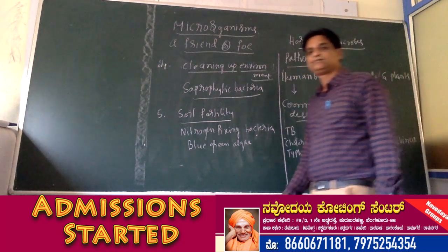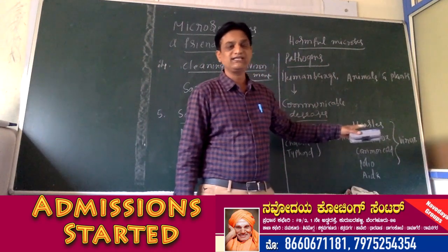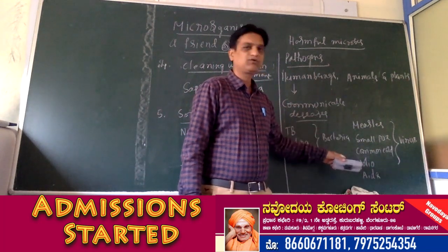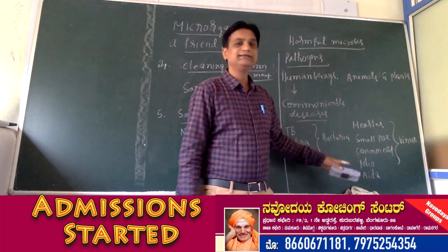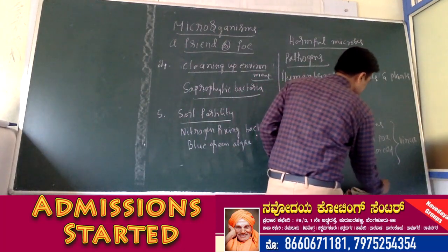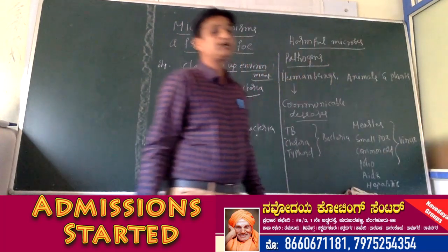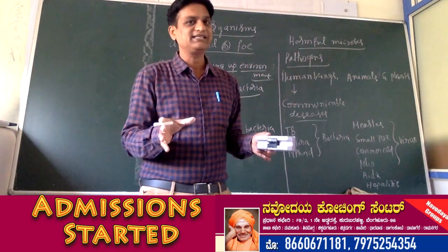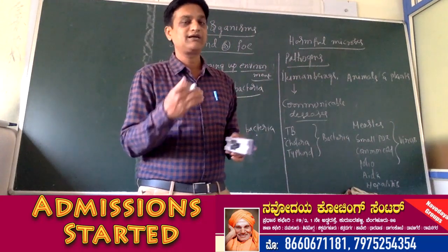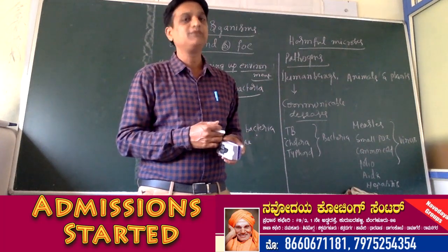That means they are caused by viruses. So smallpox, measles, common cold, polio, then AIDS, hepatitis. All of them are caused by viruses. So remember the diseases which are caused by bacteria and the diseases which are caused by viruses.